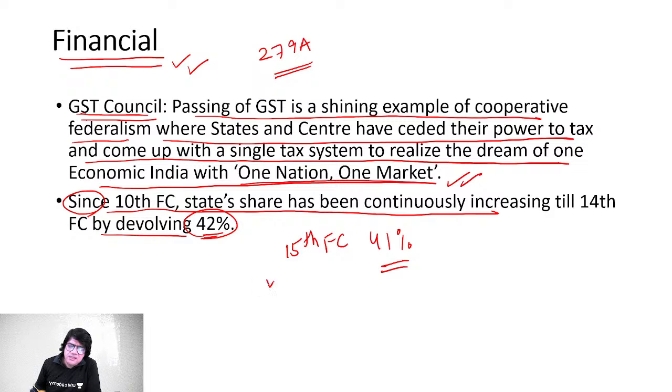And this clearly proves the good intention of the center to strengthen federalism in the country and to ensure that there is cooperative federalism. This is also the intent of Niti Aayog, which is manifested in all its policies and programs, and the way it is planning and devolving many of the functions to states.